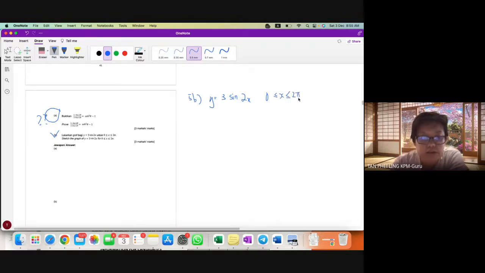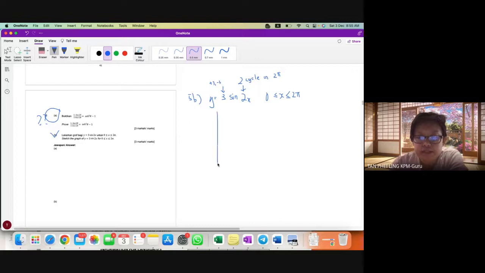So this is standard, 0 to 2 pi. What you need to know is the 2x here tells you how many cycles there are: 2 cycles of sine in 2 pi. And then the 3 here tells you it will be positive 3 magnitude and negative 3.